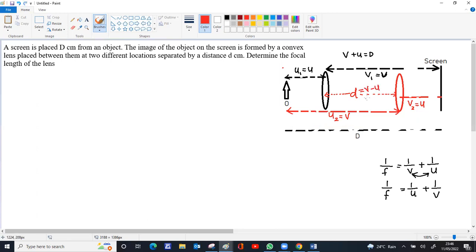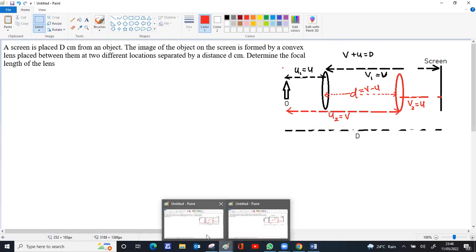This is the key point. v plus u will be equal to capital D, v minus u is equal to small d. This is possible only when the object distance gets interchanged with the image distance in the second case.